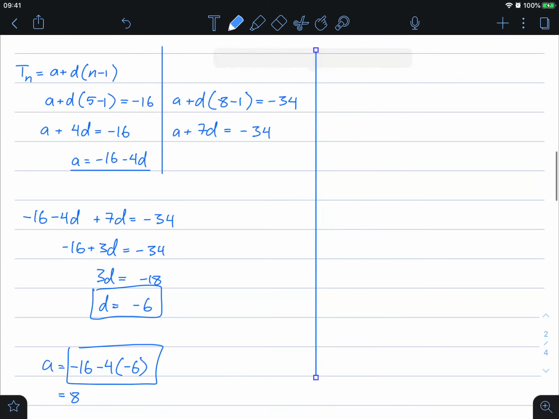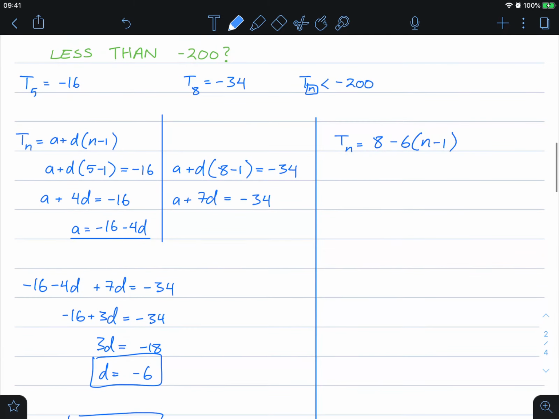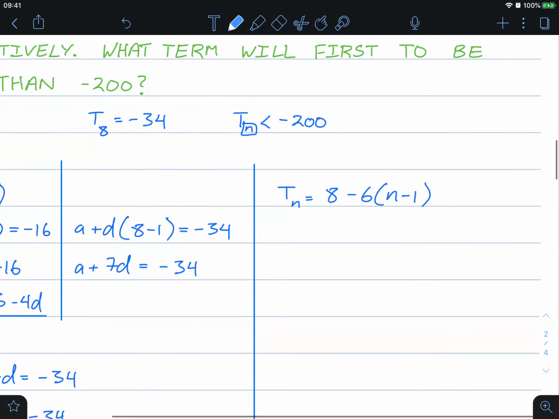Try to keep this as neat as possible. So we now have t of n. The first term was 8, minus 6 times n minus 1. Now we want the first term, 8, take away 6 times n minus 1.